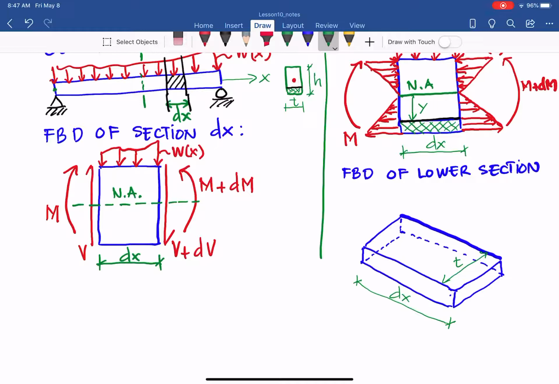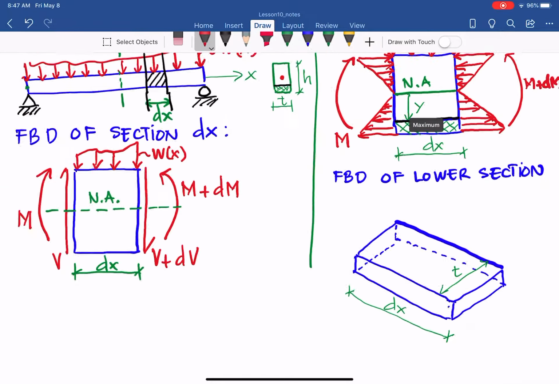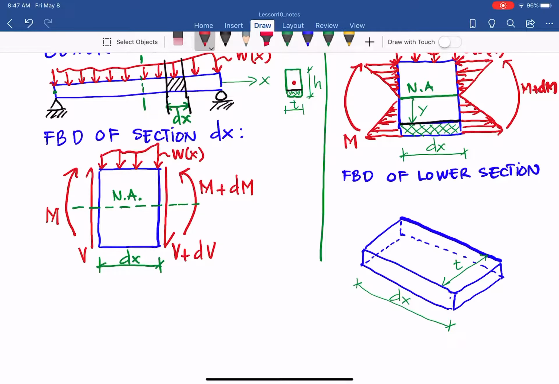So from that, let's draw how the stress and load are distributed on this member. On the left side, as you can see, you will have the normal stress on this portion, right? And then you have the normal stress on this portion.